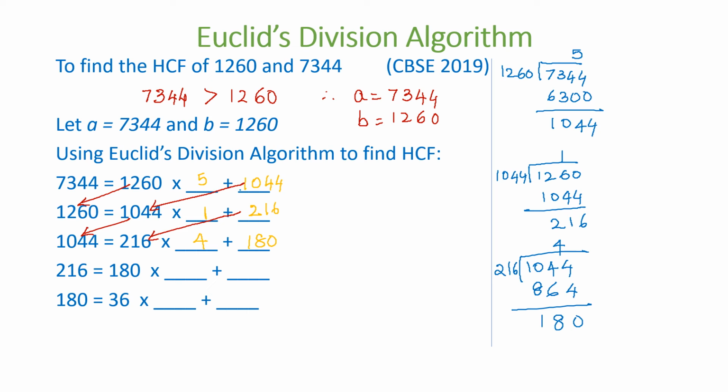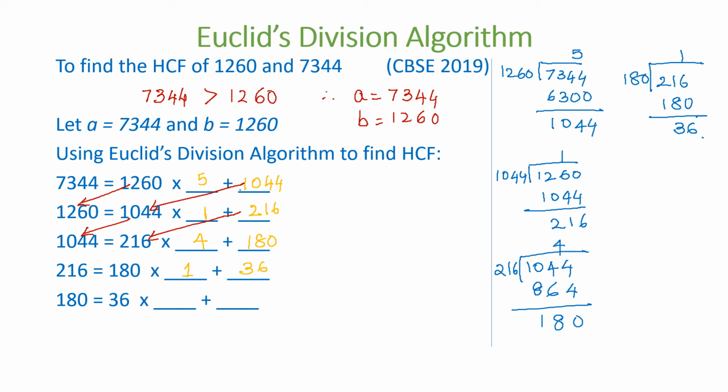Now I'm going to do the division, that is 216 this time divided by 180. When I divide by 180, it goes only 1 time and my remainder comes out to 36. So this is going to be 1 and this is going to be 36.